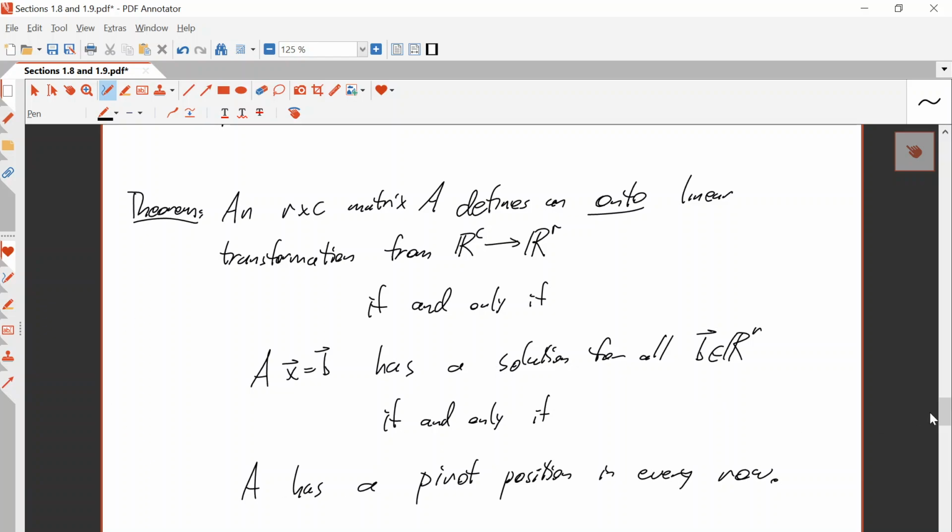So let me write it the same way I wrote this one.